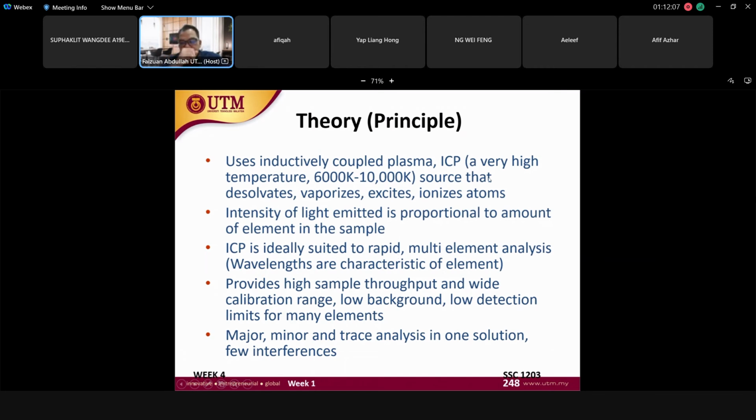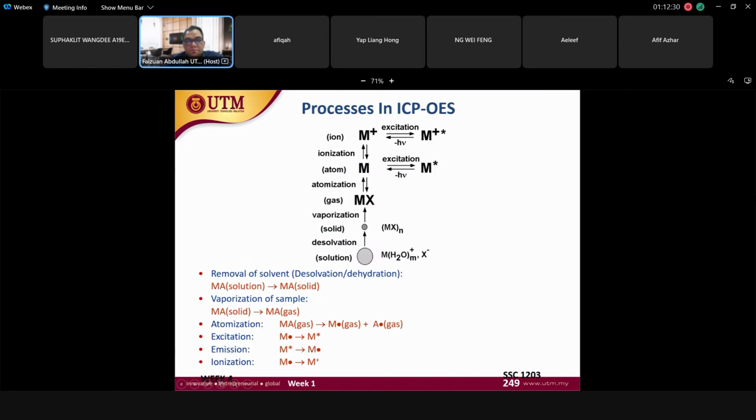Comparing ICP OES and MS with AES and AAS, we can detect multiple elements at the same time. It also provides high sample throughput, wide calibration range, low background, and low detection limit for many elements. This is the process: the solution is converted into solid, which is solvation.